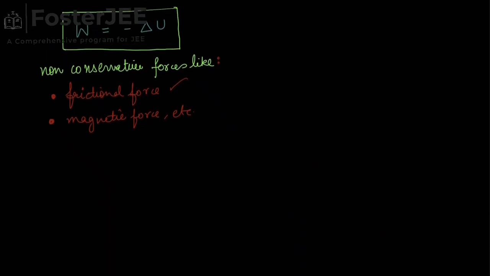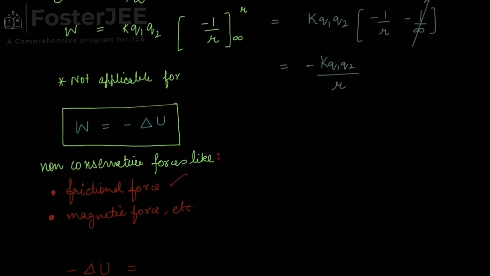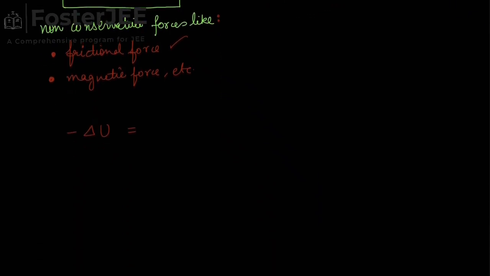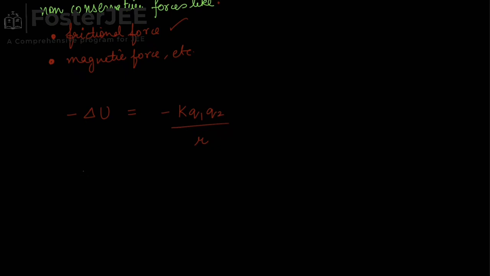But since electrostatic force is a conservative force, we can write minus of its change in potential energy equals work done, and work done we have calculated as minus kq1q2 by r. This becomes minus kq1q2 upon r. Now this becomes delta U equals kq1q2 upon r, and this is U final minus U initial.